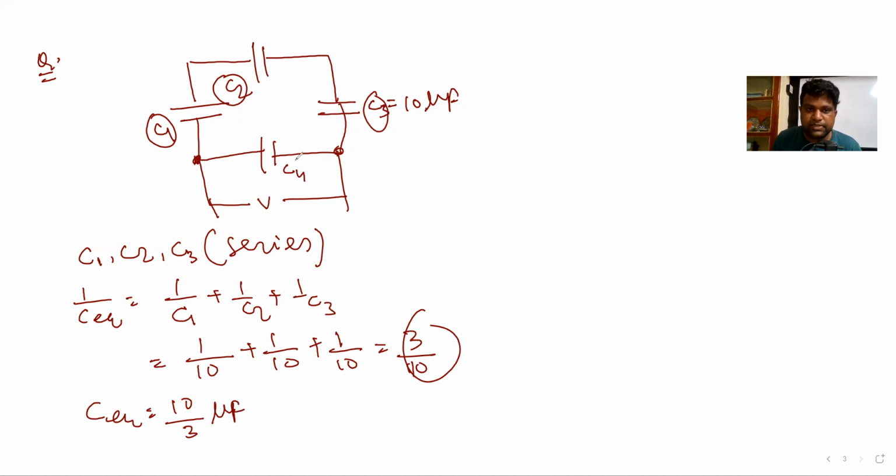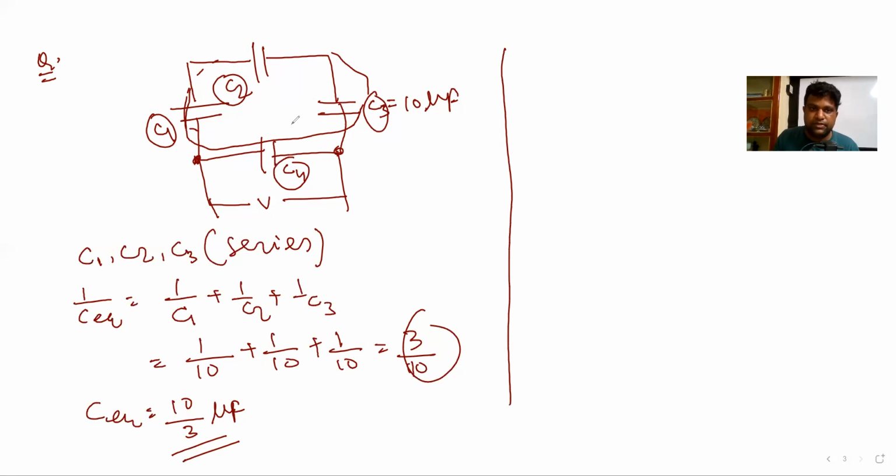Now the fourth capacitor C4, which has the same value, 10 microfarad, will be parallel to all the three capacitors, because we can replace all three capacitors with a 10 by 3 microfarad capacitor, the equivalent capacitor we have calculated. So using one 10 by 3 microfarad capacitor is the same as using these three capacitors. Now you can see that this equivalent capacitor and C4 are in parallel.